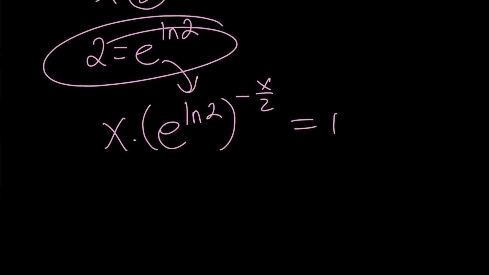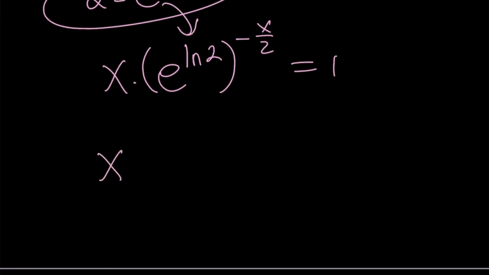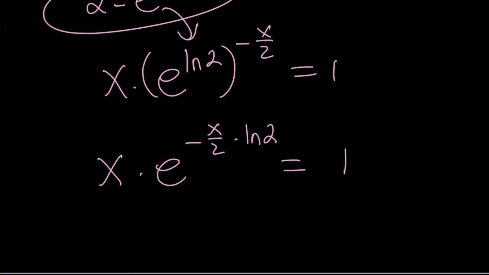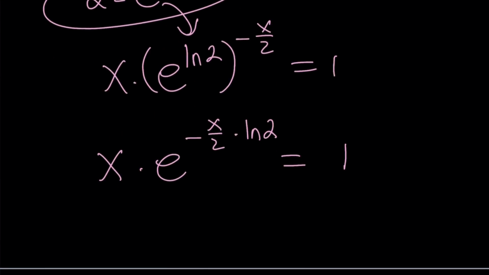Now we're going to multiply the exponents, so I can write it as x times e to the power negative x over 2 times ln 2. I want to write the x term first, equals 1. Now notice that I'm getting closer to this pattern, a times e to the a. The only problem is the exponent of e doesn't match with this term.